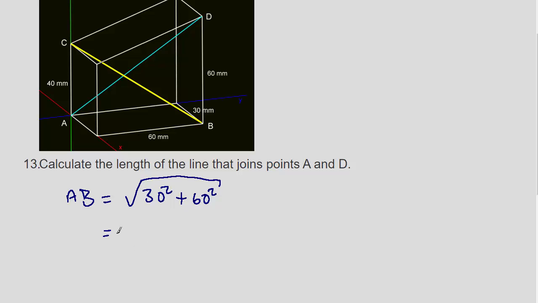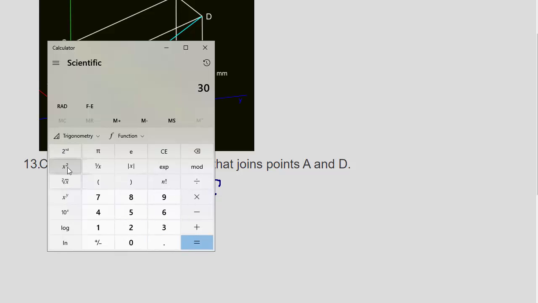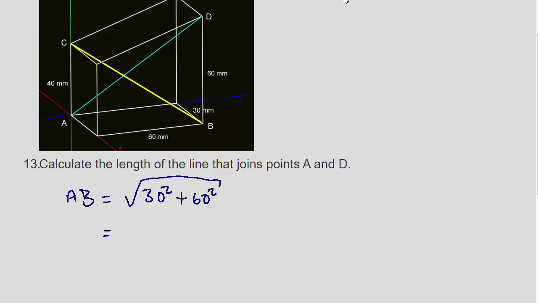So we can put that into the calculator and we'll get 30 squared plus 60 squared equals, and I'm actually going to put that into memory. So I'll put that into the memory as the squared value, but we'll take the square root of it, which is 67.08. So that is equal to 67.08, but actually we're going to want the square for the next calculation.